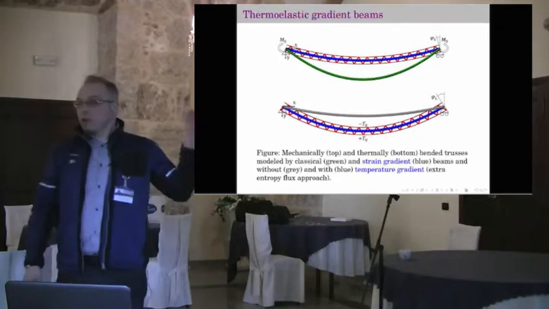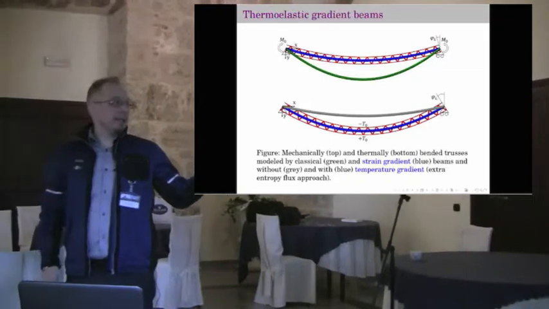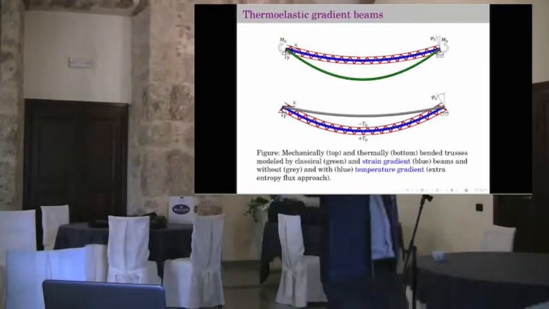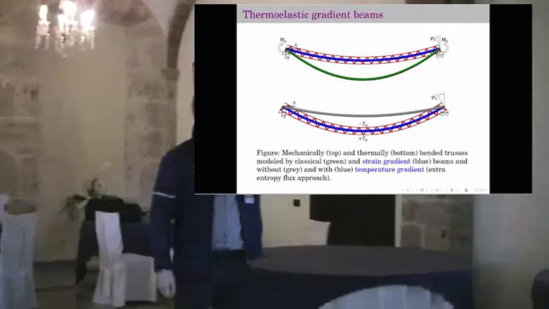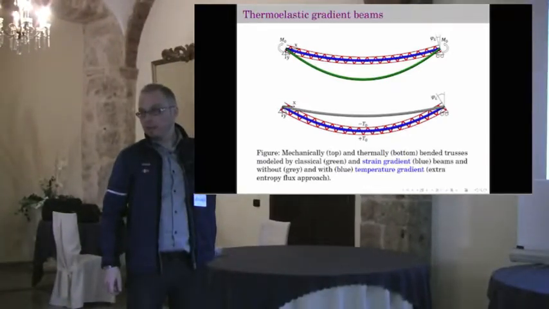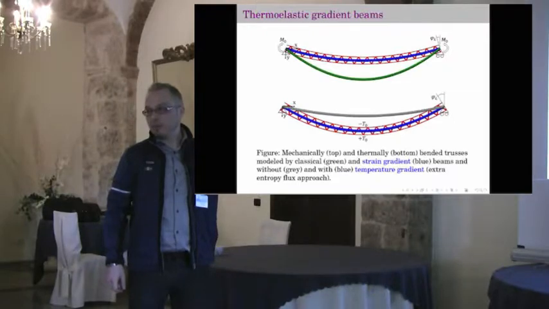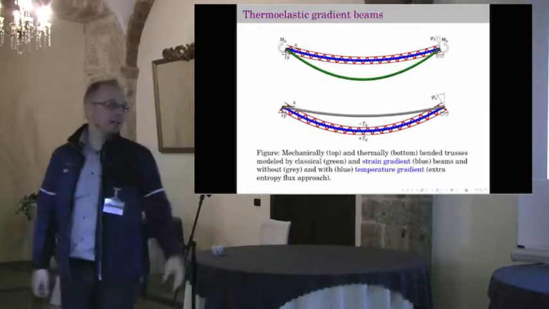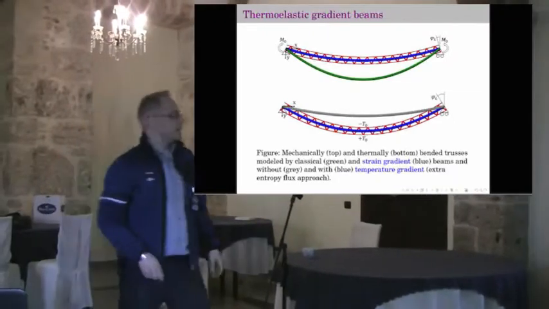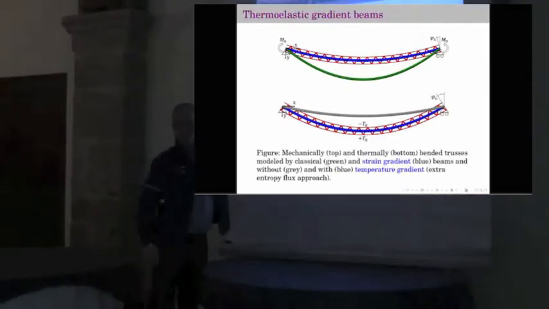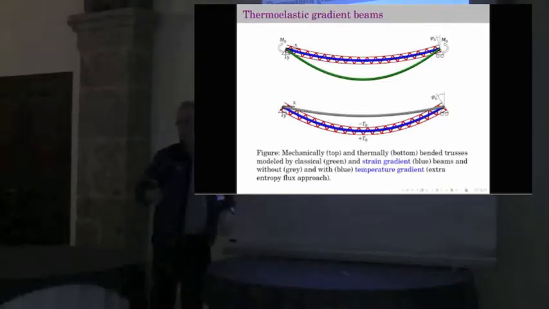And then just a note, I don't go into any details, but we checked a bending with moments here on the top, and then a thermal bending. And that's actually a very interesting problem we are now analyzing. We are finalizing a paper about that, and it seems that this gray beam here is too stiff if you don't use the gradient of temperature in the entropy.